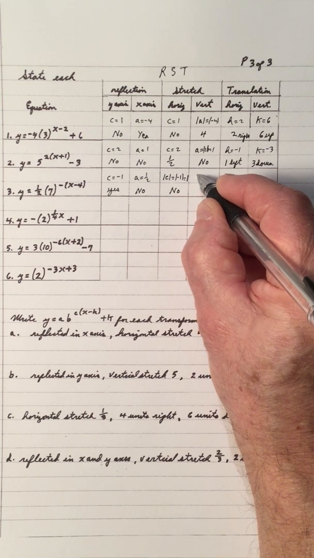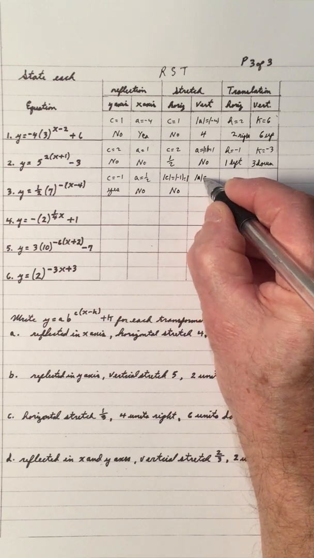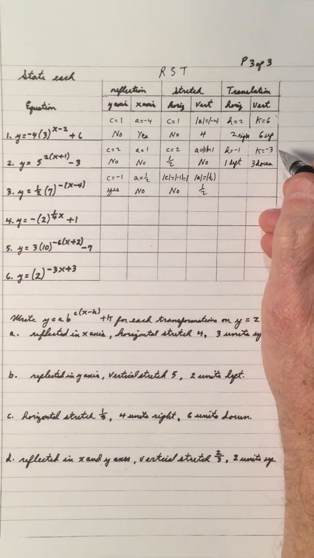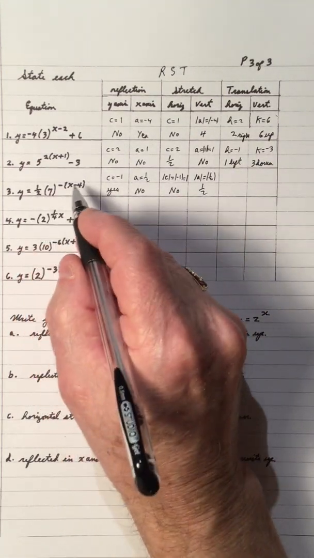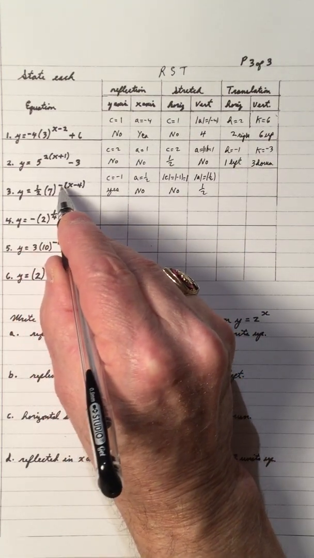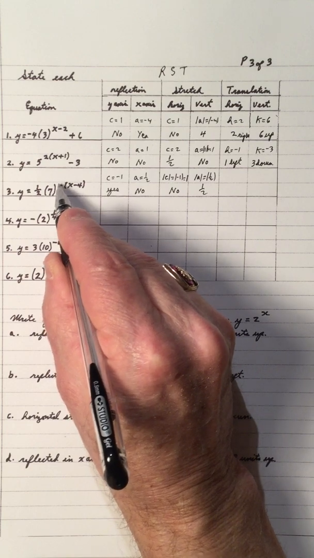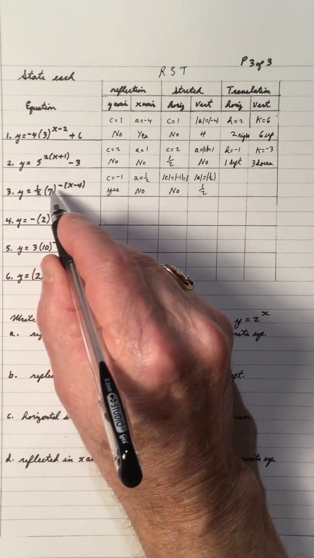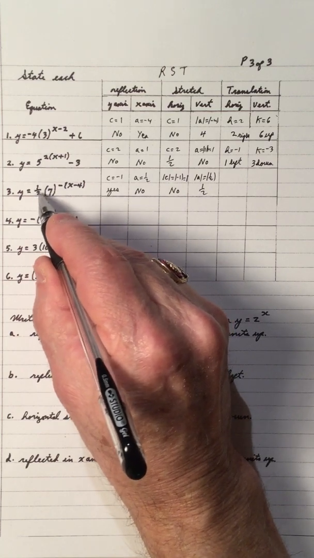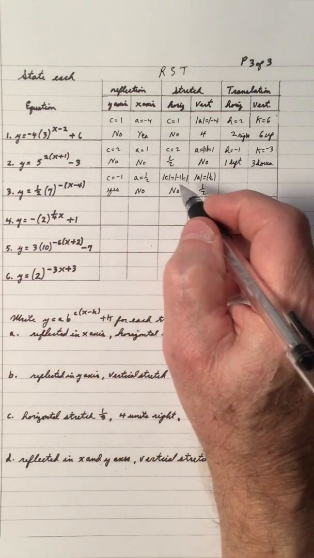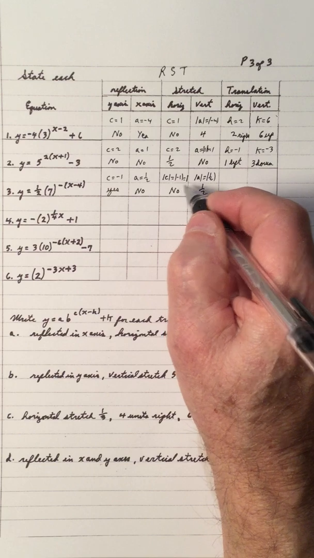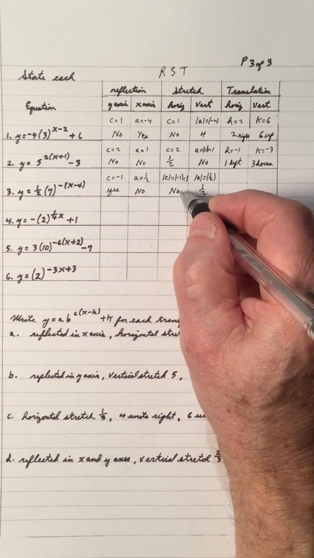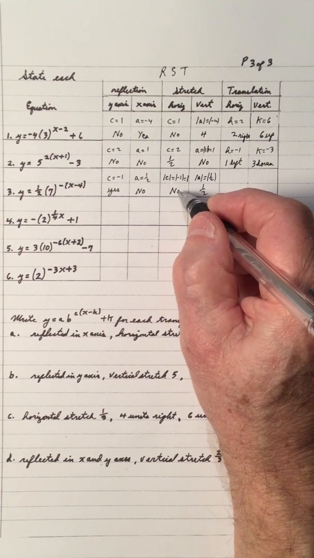So a is a half, so the absolute value of a half, the stretch is a half. So the horizontal stretch looks at the absolute value of this number. When you do the reciprocal of 1, it doesn't change.